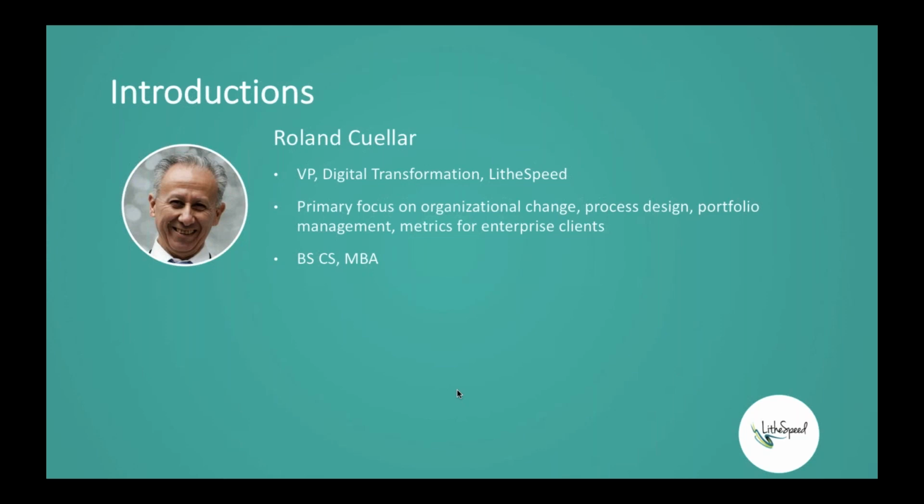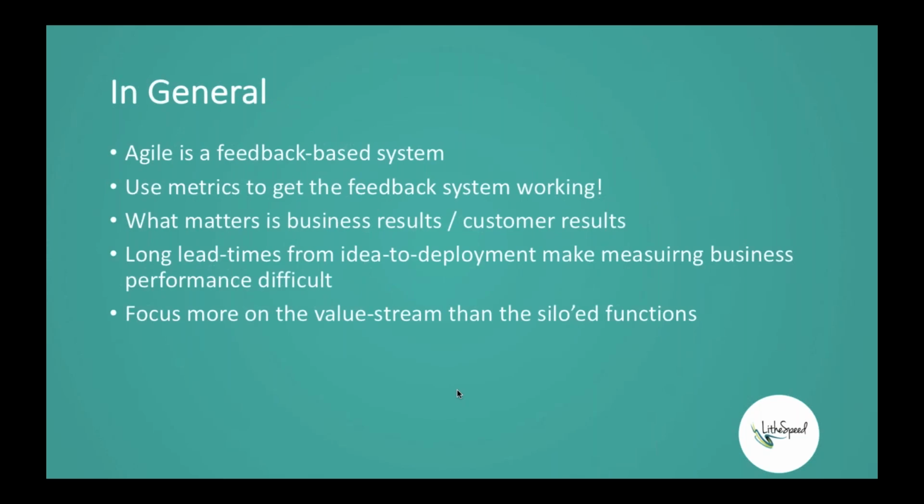The first thing I want to focus on is how to use metrics to help Agile work as it should. I think we all understand that Agile is a feedback-based system. The idea is that we create things quickly, we get feedback on the things that we create, and we use the data that comes back from the feedback system in order to change and pivot and improve and iterate towards our goals.